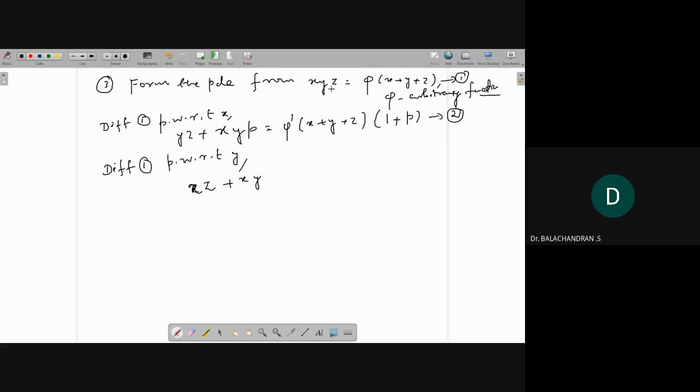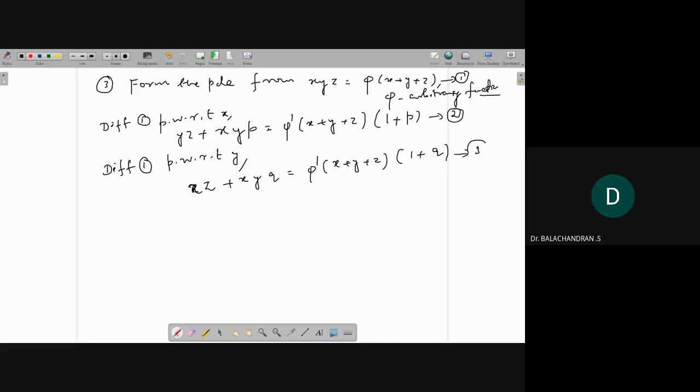If you differentiate z with respect to y, you get dou z by dou y, that is q, equal to phi dash of x plus y plus z. Again, if you differentiate x plus y plus z, you'll get 0 plus 1 plus q.